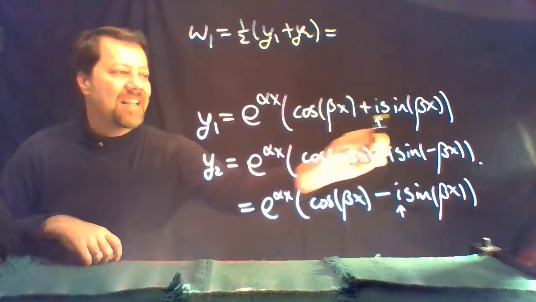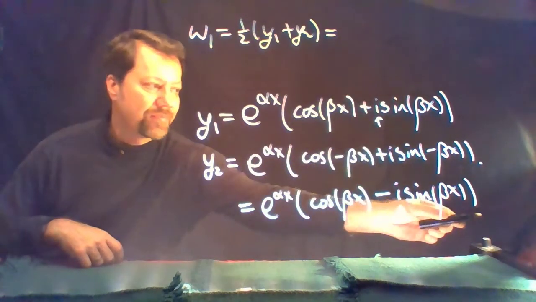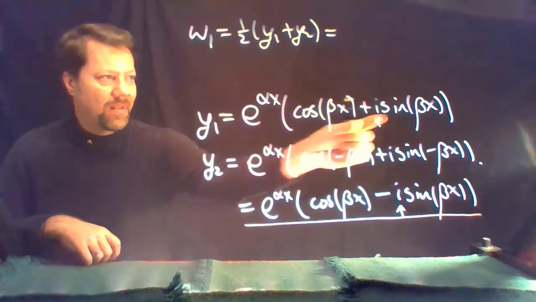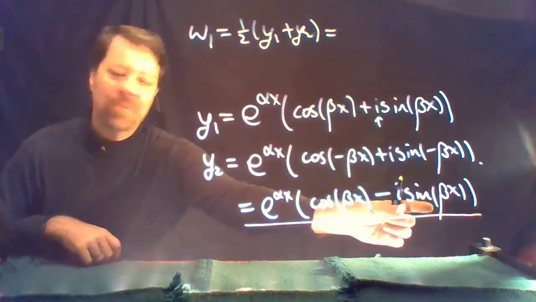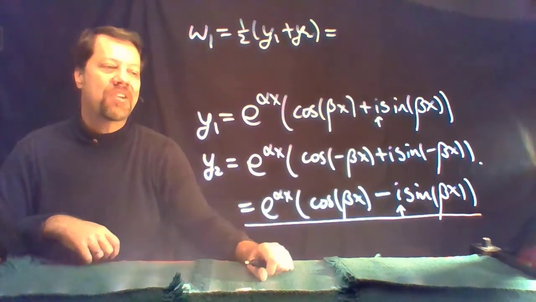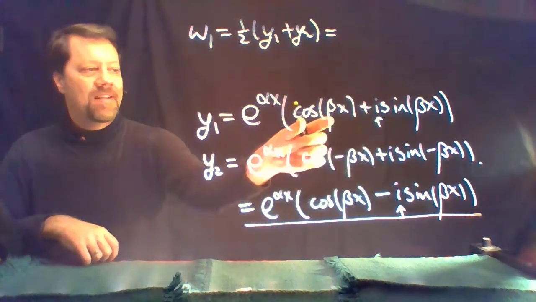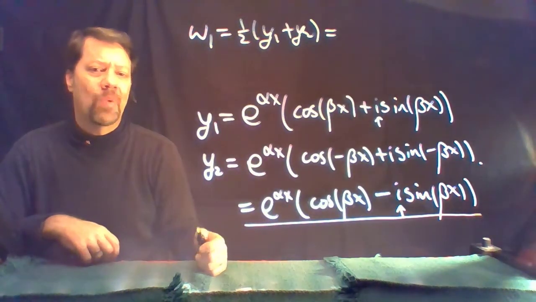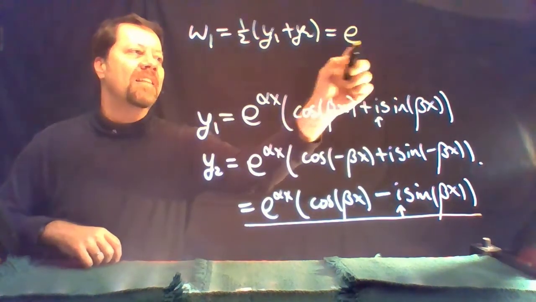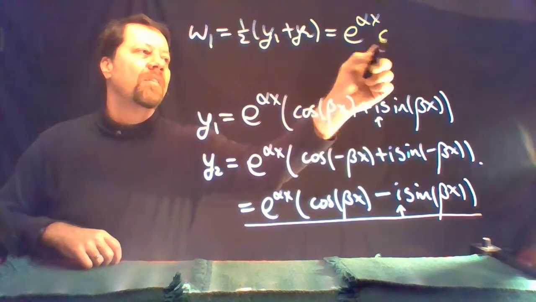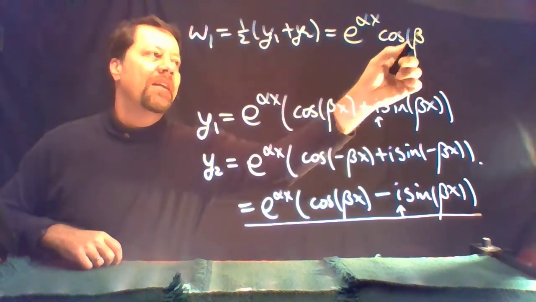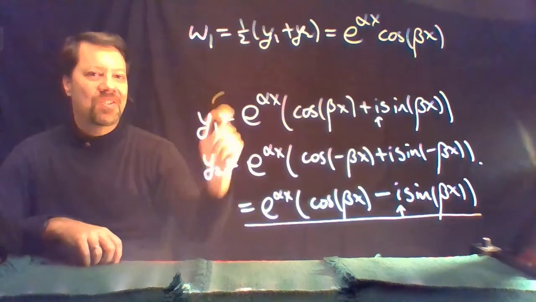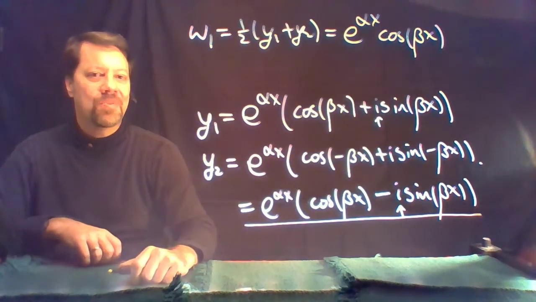If I add these solutions together, this and this will cancel out, and the imaginary part will be gone. These two will combine and double up, but we're multiplying by 1/2. So we get e to the alpha x cosine beta x. We get a solution that is real valued.